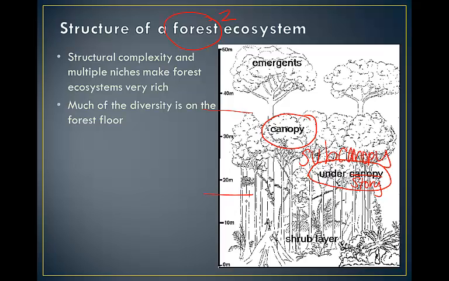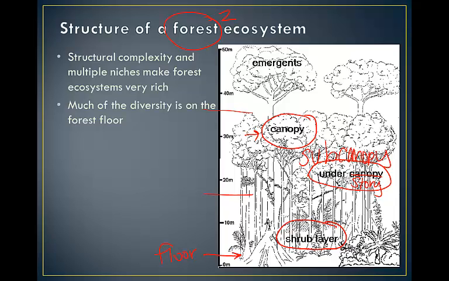As we go towards the forest floor, we'll have a shrub layer, small bushes and shrubs, and then at the very bottom, we have the floor. So nothing too complex here, no words that are too confusing. We have the canopy, the subcanopy, the understory, the shrub layer, and the floor.